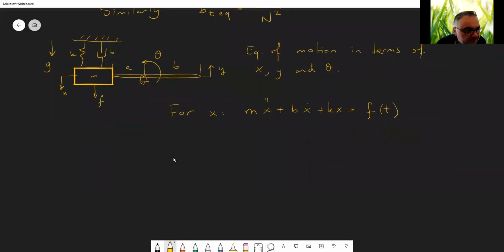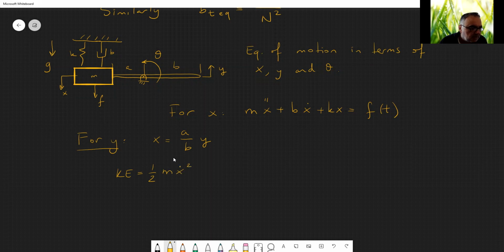For y, we can say that x is equal to a over b times y. Again, we can equate the kinetic energies. For deriving the equivalent quantities, this is the easiest way. For example, the kinetic energy 1 over 2 m x dot squared is 1 over 2 m (a over b) squared y dot squared.